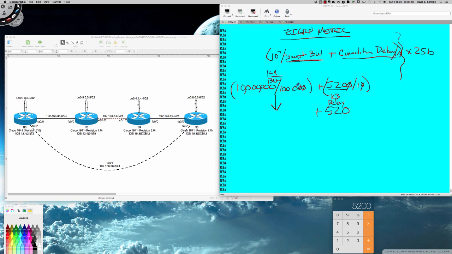Well, we've got 1, 2, 3, 4, 5 zeros to drop. Leaves us with 100. So the left-hand side of the equation is basically 100 plus 520. So we've got 620 times 256.